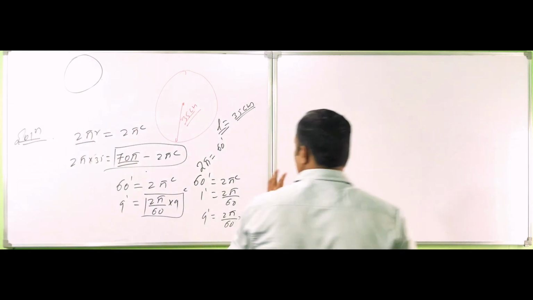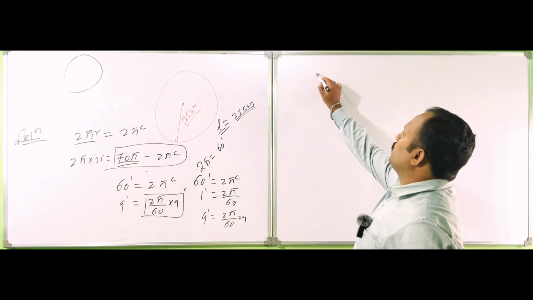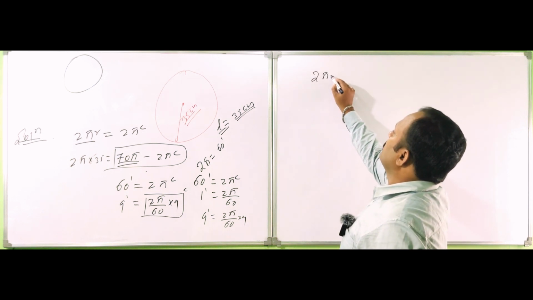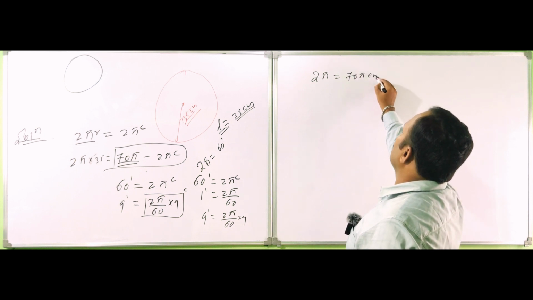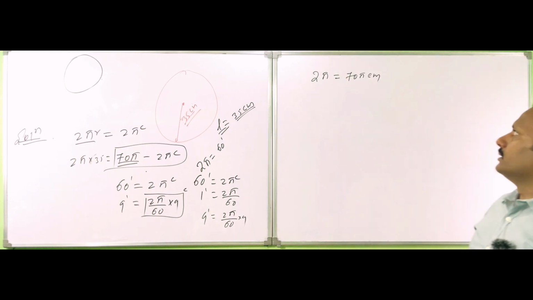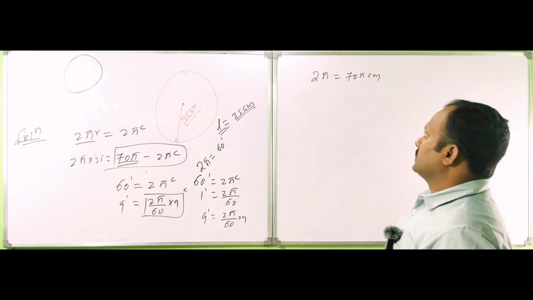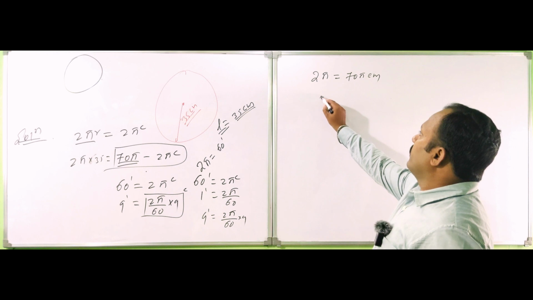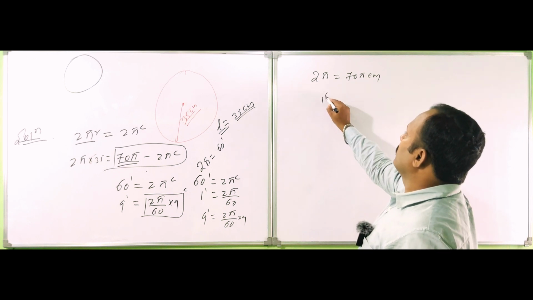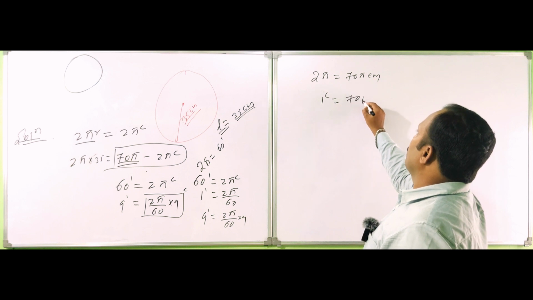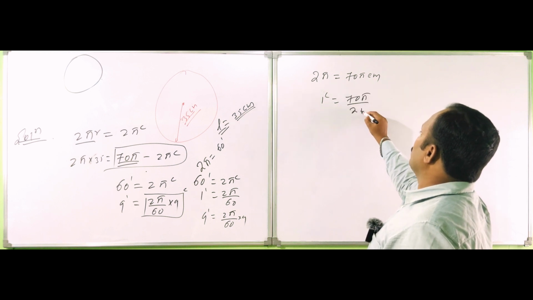Here, for 2 pi, we have 70 pi centimeter. For 1 radian, we have 70 pi by 2 pi.